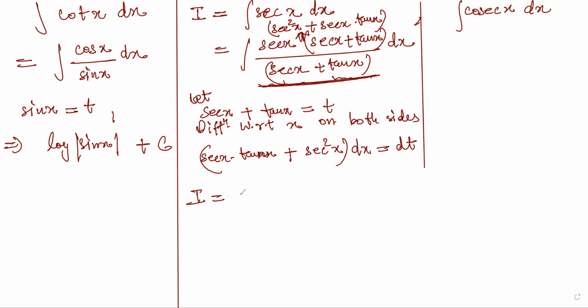So this would become dt by t, which is nothing but log of t. So I'm writing directly log of sec x plus tan x plus c.